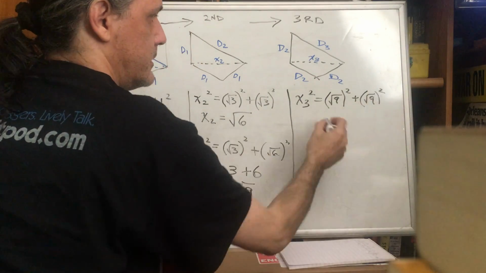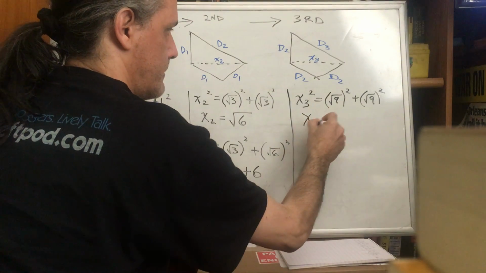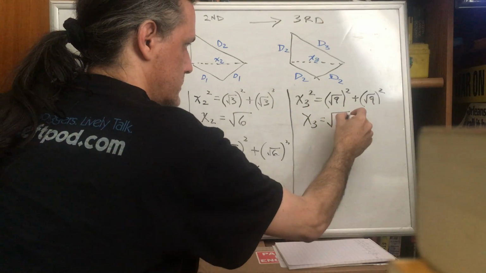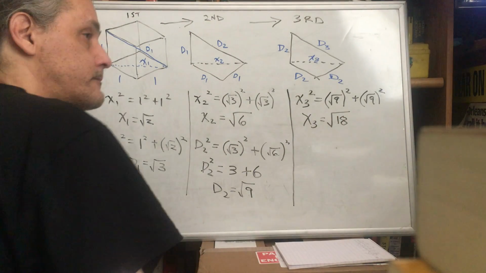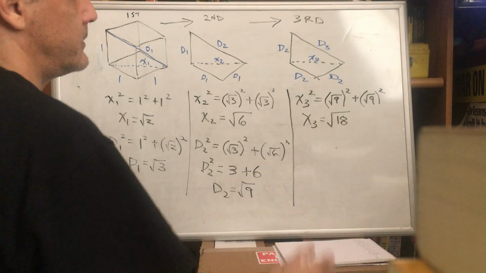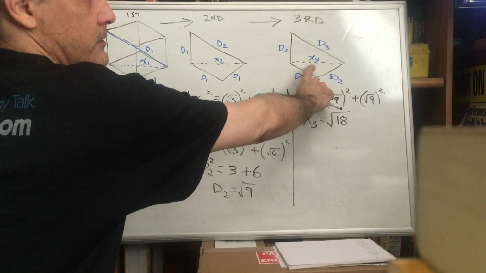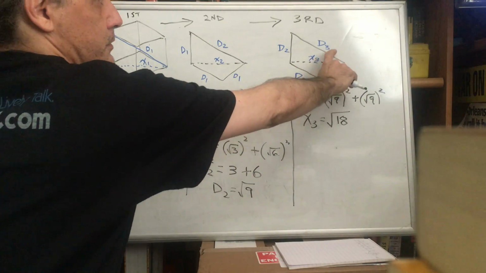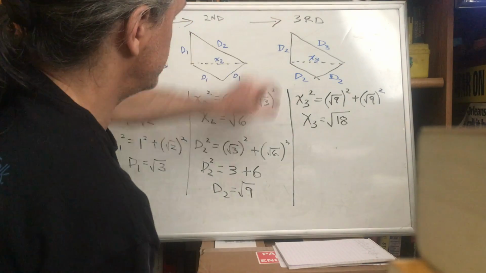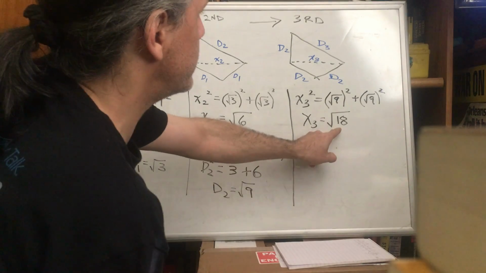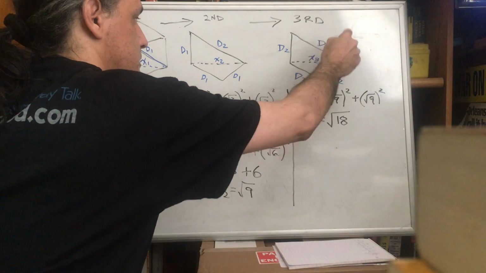All right, so 9 plus 9 is 18. So we add that. Now I'm not going to simplify that. Okay, so now we have the other leg in the right triangle that we're going to use to get the third space diagonal, and the other leg would be the second space diagonal. So we're going to use the root 9 and the root 18. D sub 3.